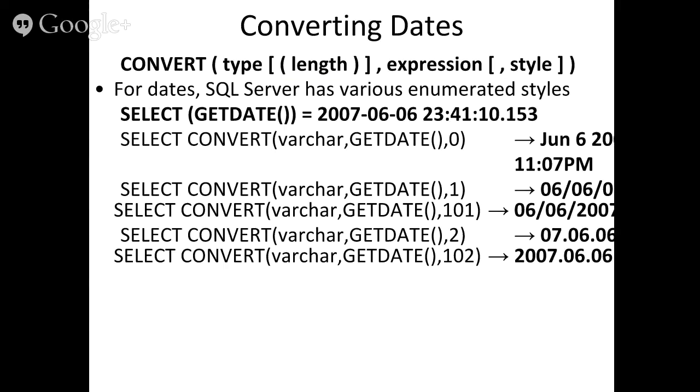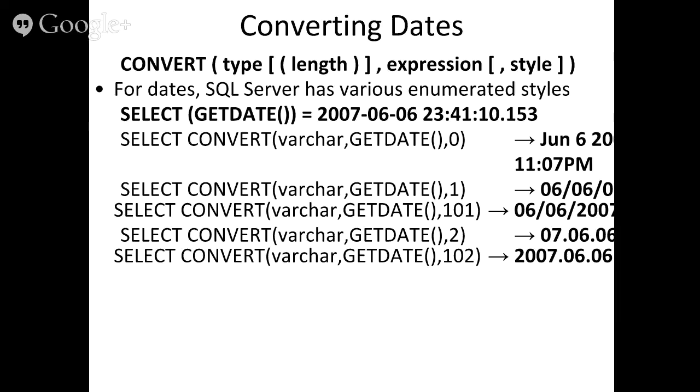Here's a couple of examples. If you do select getdate, select is very powerful. It's not only useful to extract data from tables, but also where you can give it an expression, it gets evaluated, and it returns it to you as if it were a result set, as if it were a table, with a field and the various values that go with that field.